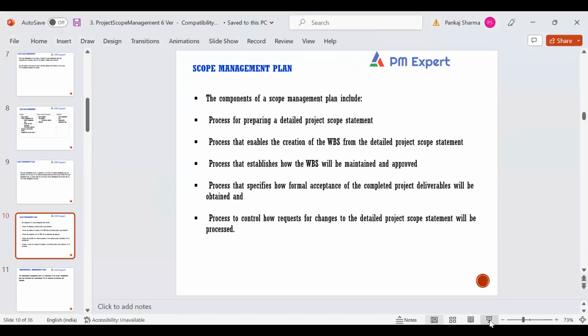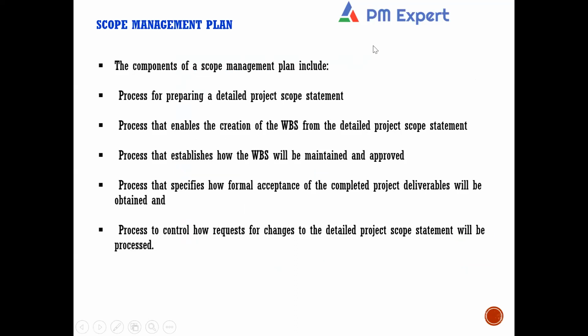Guys, look at the contents of the scope management plan. The first element is the process for preparing a detailed project scope statement. Second, the process that enables the creation of the work breakdown structure from a detailed project scope statement.